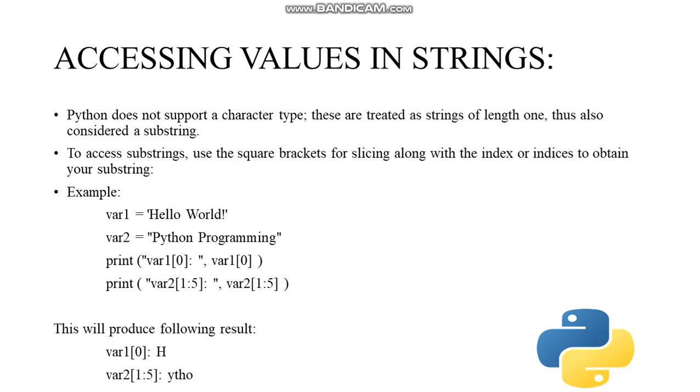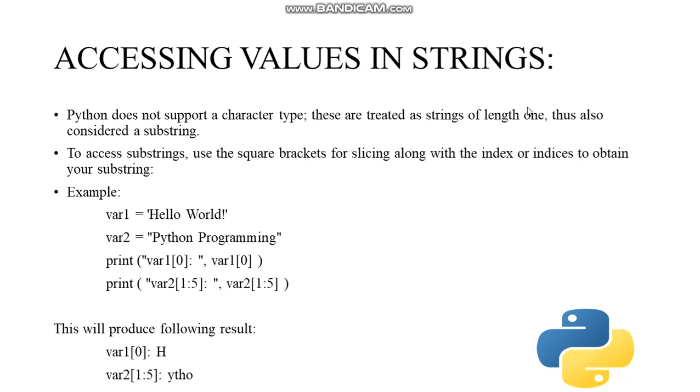For example, I'm declaring two variables. One is hello world, second is Python programming. So if I want to print only the first initial letter of variable 1, I will write variable 1 of 0. Okay, so it will give me h. If I want a certain substring from the given string, I will use the slicing operator.